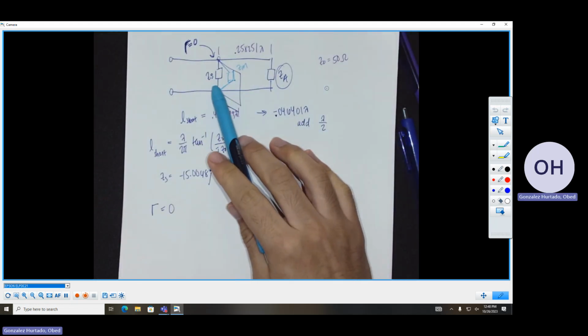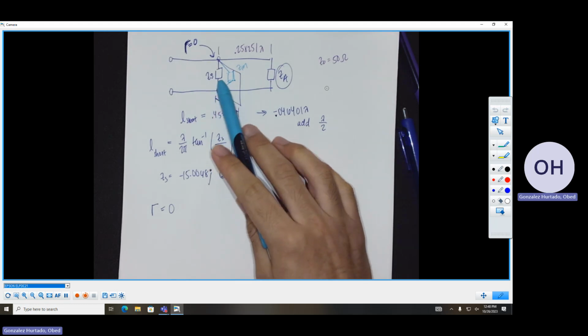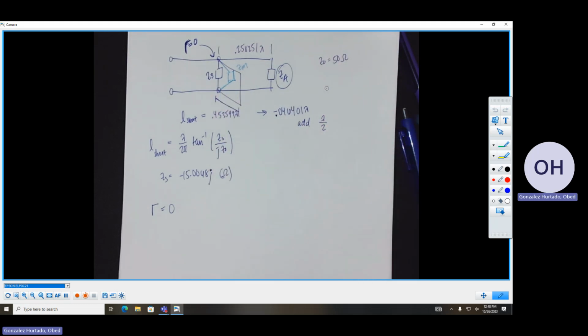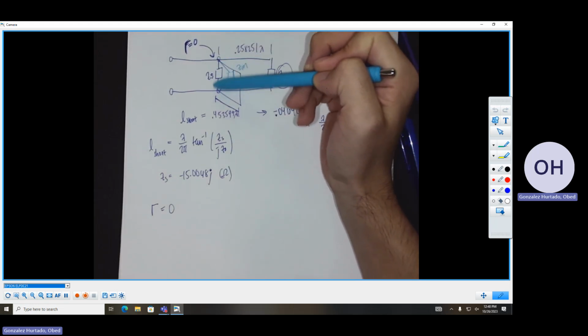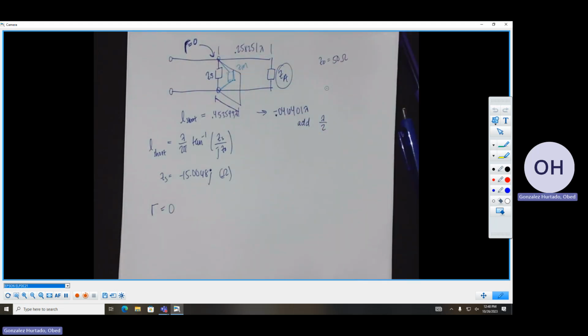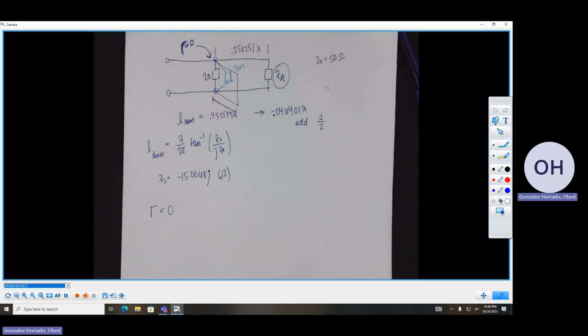So we got Zn at this place, this value. Is it the same place? Yes, at the same location, the same nodes. So in that case, we know ZS and Zn are in parallel with each other.